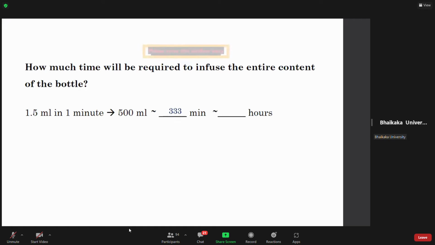Yes, 333 minutes. And in hours, 333 minutes is around, yes, 5.55 or around 5 hours. So the answer will be 5 hours. So to infuse the entire content of the bottle, we require 5 hours. Clear, everyone?